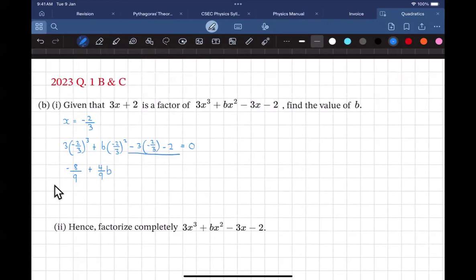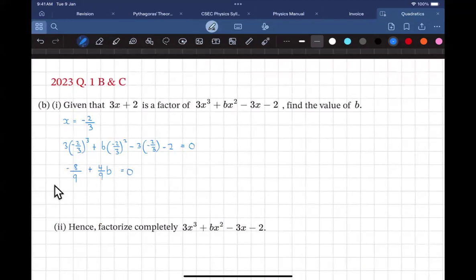You can plug this whole thing into the calculator. I get 0. Yes, we will get 0. So you don't have to write plus 0, because plus 0 is just 0. Equal to 0. What next?